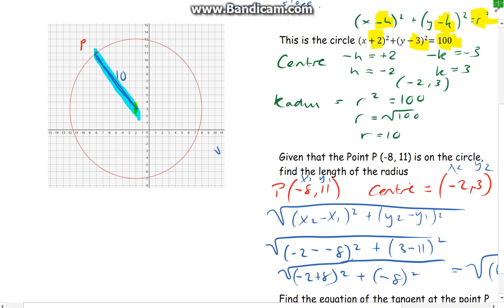The last question that they want to ask is find the equation of the tangent at the point P. So we talked about equation of tangents, and we know that they're lines that hit in one spot. So if we just drag a line here, hang on a second, that's not very good.